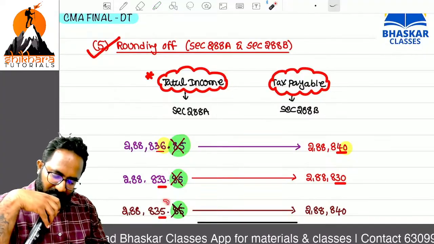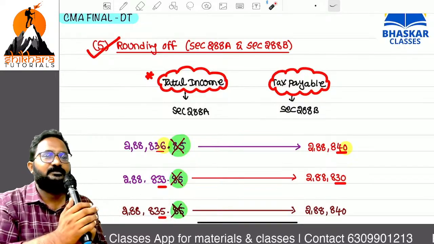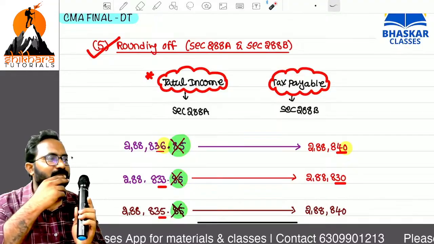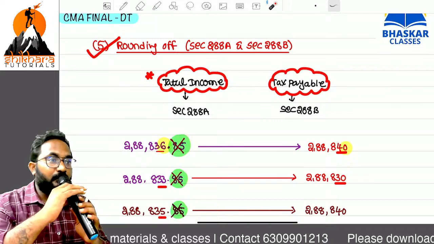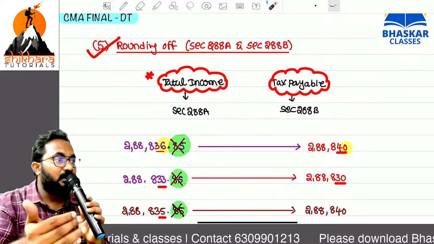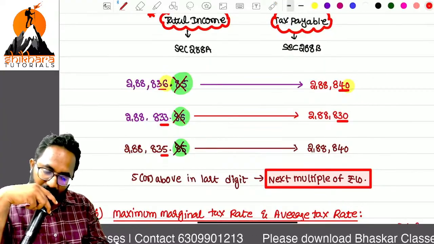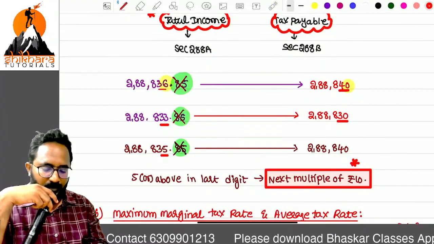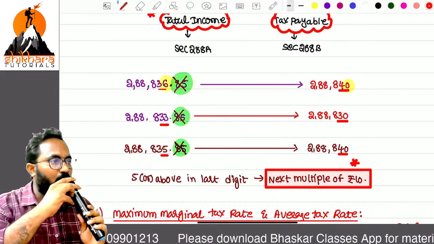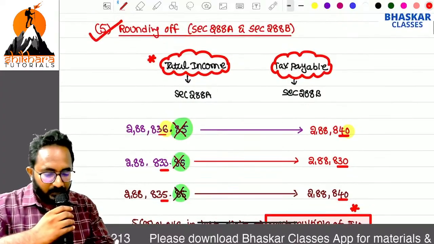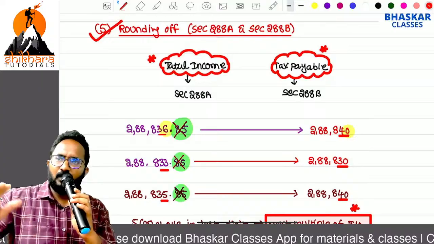But if I give 5 in the last digit, how can we do rounding off? 5 or more than 5 should always be rounded off to the next multiple of 10. Here 5 is there, the next multiple of 10 is 840. In the same way, after the total income you got, rounding off is done.